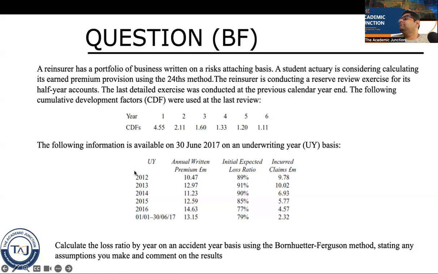In particular, calculate the loss ratio by year on a 7-year basis. Then use the BX method, stating any assumptions you make, and comment on the results.